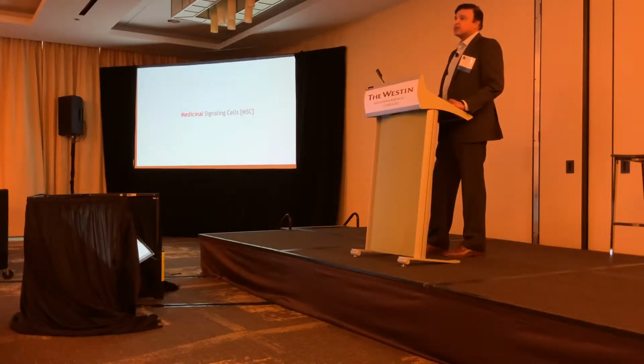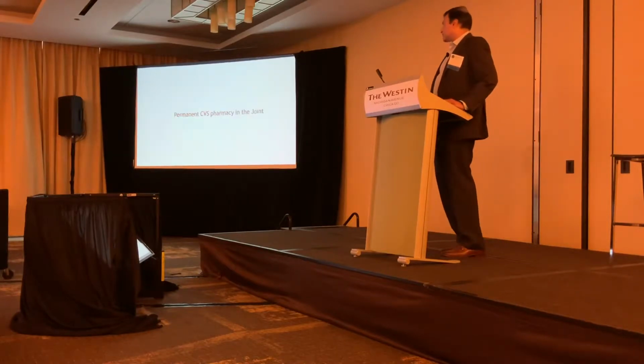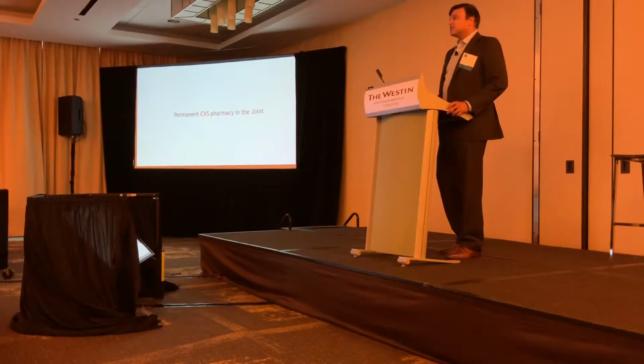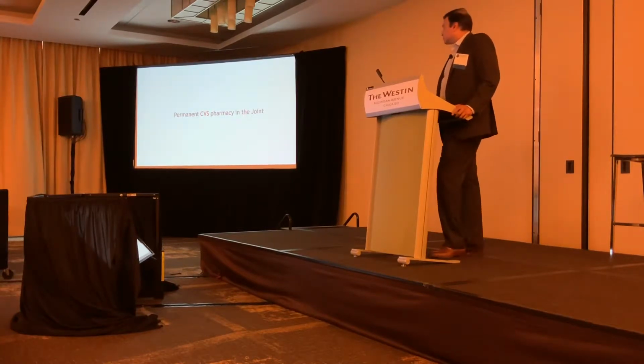They're more known for their paracrine effects, and they secrete these amazing proteins. So the new nomenclature is medicinal signaling cells, still the acronym being MSC. I'm exaggerating a little bit, but it's like putting a permanent CVS in your joint when you inject stem cells. They keep secreting these amazing proteins.